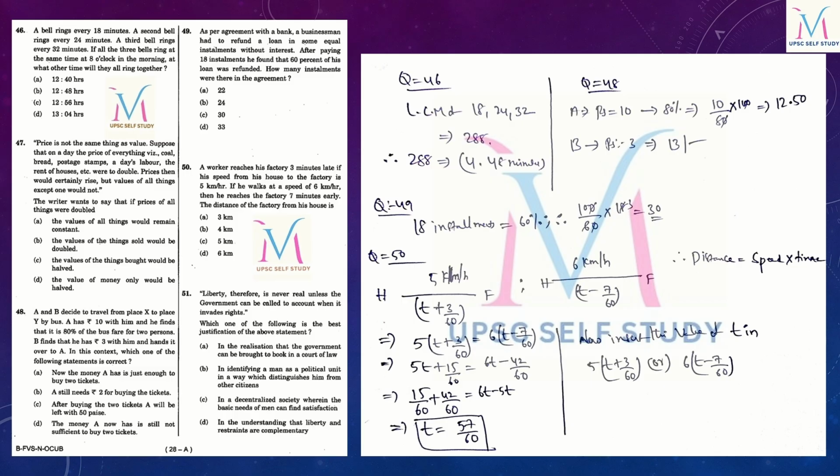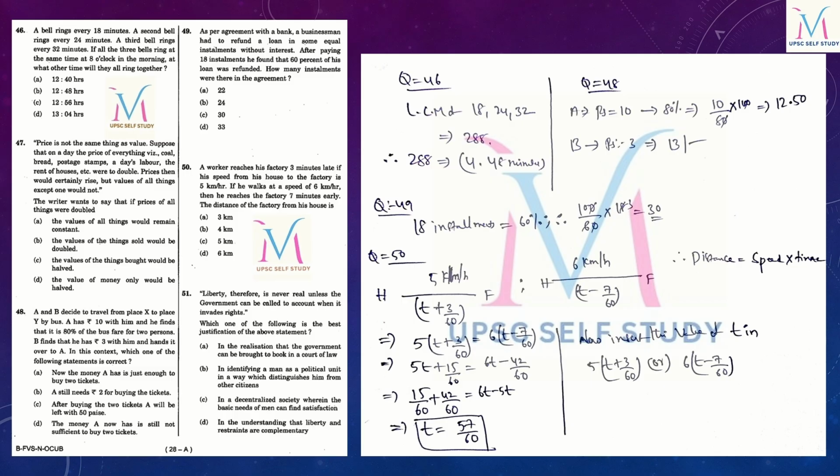So the amount A has is rupees 10, that is 80%. Now we calculate from the 80%: 10 divided by 80 into 100, we get 12.50. Sorry, the question says A has rupees 10, which is 80% of the bus fare.